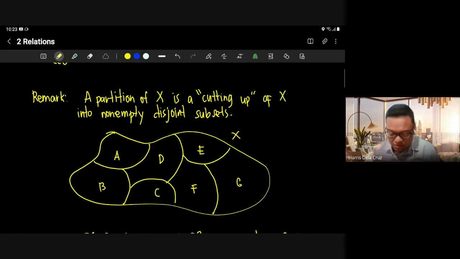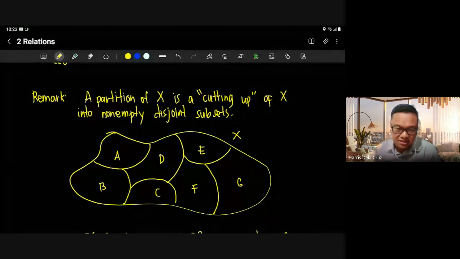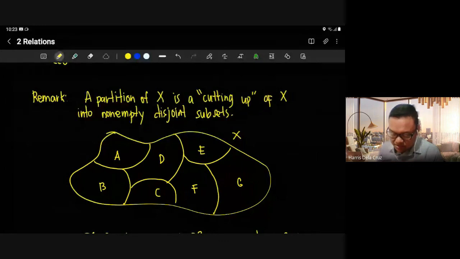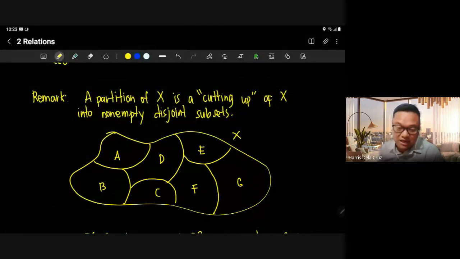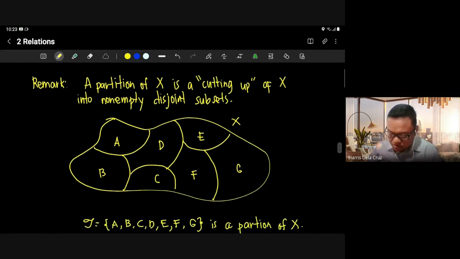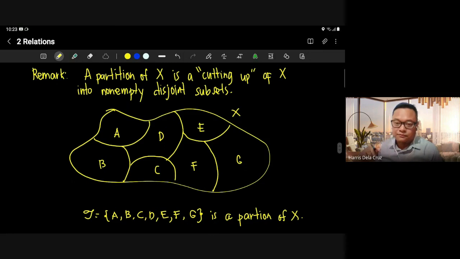So, halimbawa, meron tayong X to draw it. Meron kang sets A, B, C, D, E, F, and G as drawn. So, ang ibig sabihin nito, yung A tsaka yung B, wala siyang common element, although magkatabi sila sa partition. Same with the rest of the elements. So yung A, B up to G, those are the elements of the partition P. Okay?